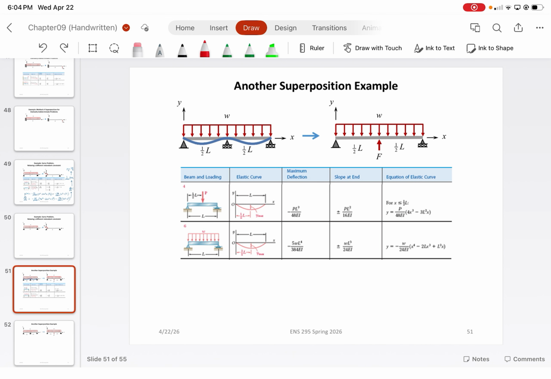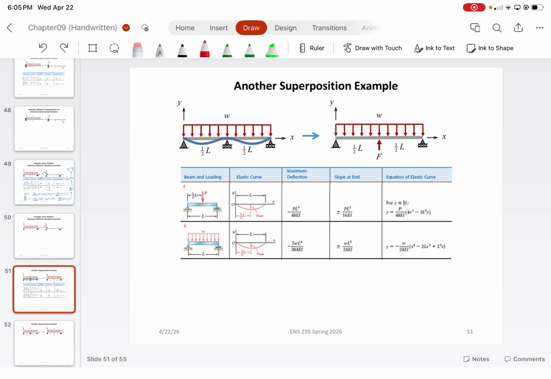All right. So using this superposition method, this example is clearly taking away the middle support and replacing it with a vertical force F. And so what we want to do is ultimately use these two equations in the table shown in order to come to the conclusion of what the force F is.